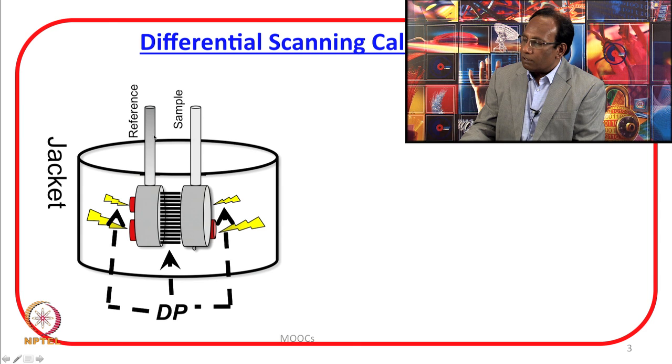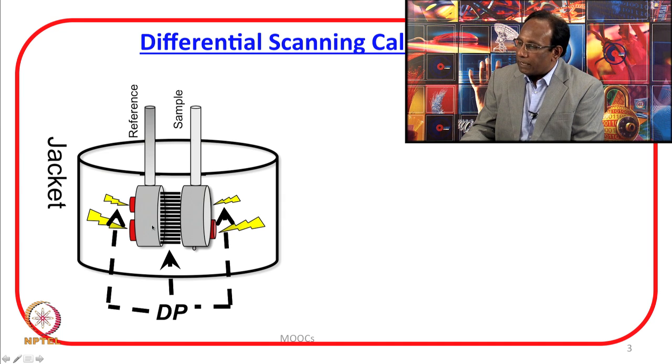As I mentioned earlier, the cell design will vary from one calorimeter to another depending upon the type of applications, but the principle remains the same. So, there is a reference cell and there is a sample cell. This is enclosed in an adiabatic jacket.